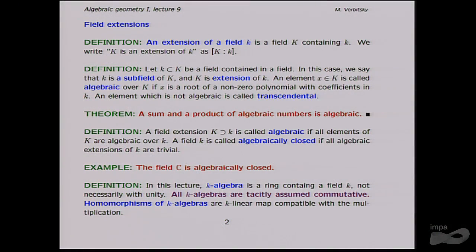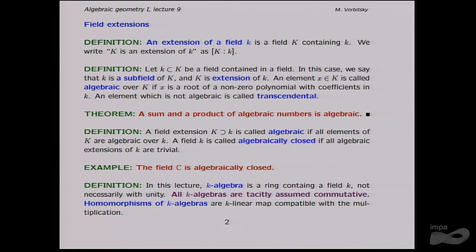So existence of this K bar is part of Galois theory, and it's not very hard, at least for characteristic 0. For characteristic 0, it's not very hard because at least if your field is not very big, you can embed it into C and then take a smaller subfield in C which contains this and is algebraic. Anyway, you can just take C as algebraic closure in most cases.